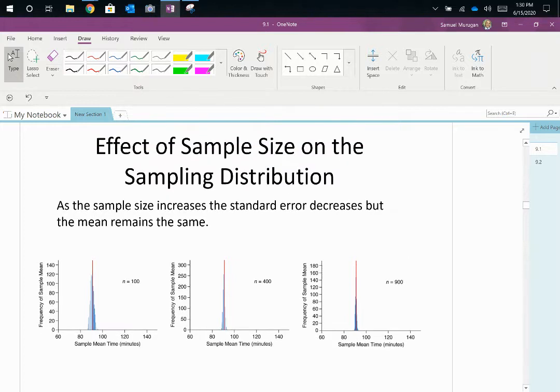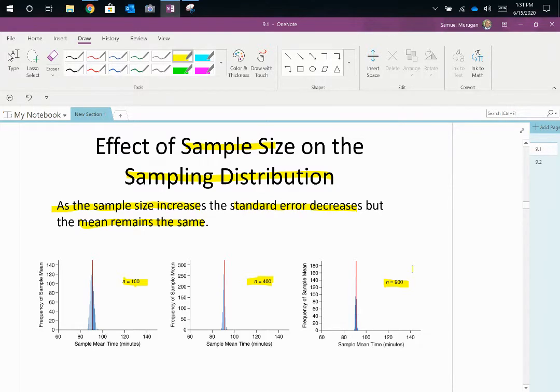Now, effect of sample size on sampling distribution. As the sample size increases, the standard error decreases. The mean remains the same. So that mean will go unchanged. If in this case the mean is 90, as we increase the sample size, the standard error decreases.